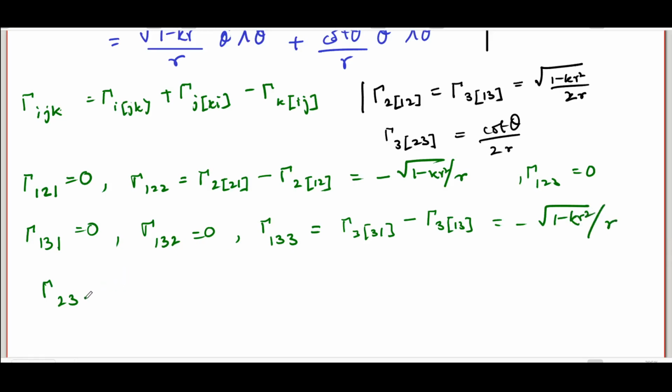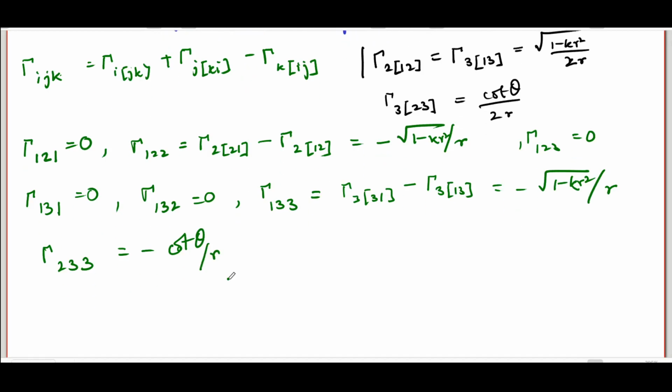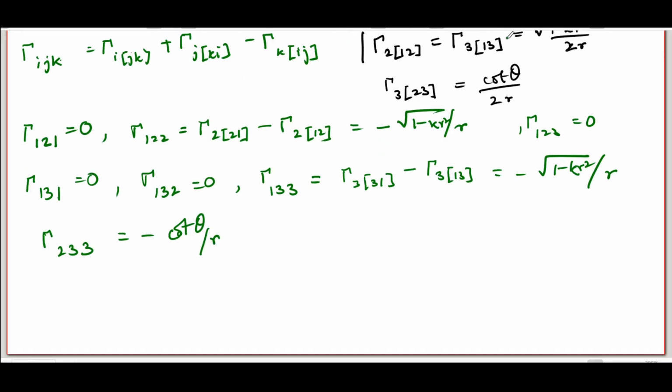But with Γ_23, by a very similar argument, the only non-zero term is going to be Γ_233, and that's going to be minus cotangent theta over r. So, of all our gammas, you have only a few non-zero elements. Γ_122 is minus root over 1 minus kr² by r. When I say non-zero, I mean non-zero independent.